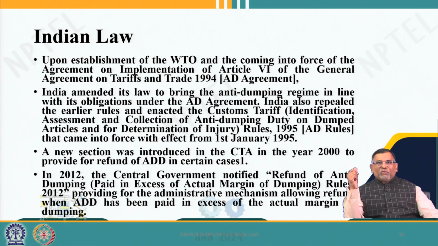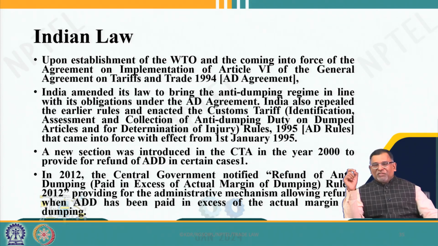In 1994 the anti-dumping agreement was established as a part of Article 6. Again in 1995, India amended its customs laws, and the new rules, the Customs Tariff identification, assessment and collection of anti-dumping duty on dumped imports and articles for determination of injury rules 1995, were notified.